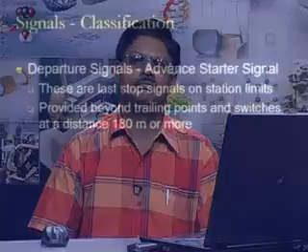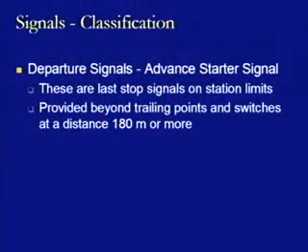Generally, this type of signal is provided beyond trailing points and switches. The facing points and switches were the ones already taken while the train was received in the station area, and now we are talking about the trailing points and switches provided when the train is departing or being dispatched from the station area. In this case, the advance starter signals have to be provided beyond trailing points and switches at a distance of 180 meters or more.